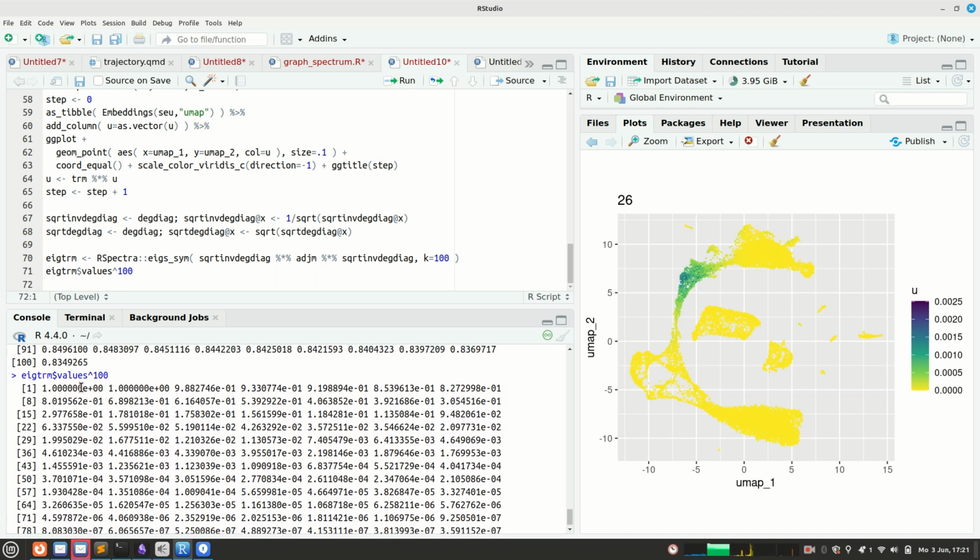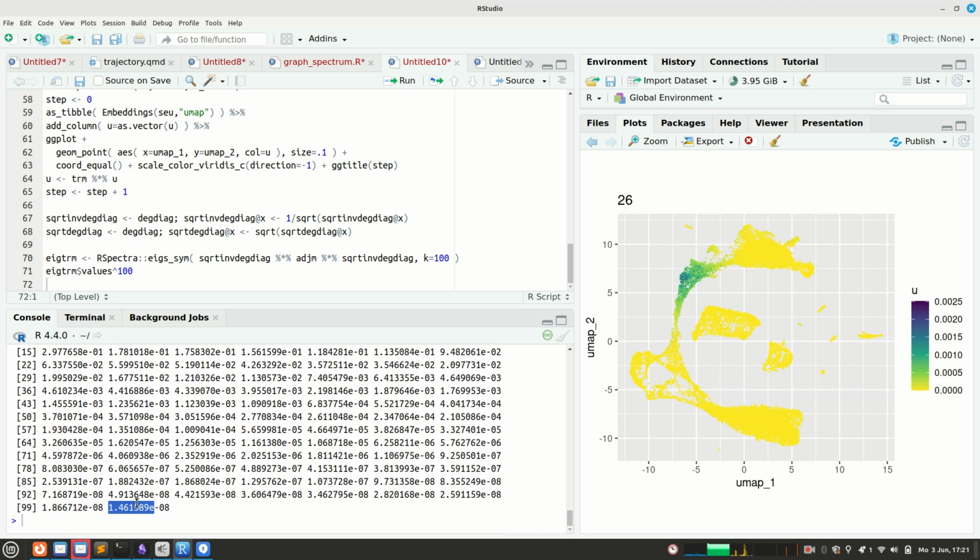Then you can see that the first eigenvalue is 1, and the 100th is already 10 to the minus 8, because we took it to the 100th power. And obviously, this lambda to the n in the middle will suppress all the other eigenvectors, because it multiplies them with a really small value. So we shouldn't make too much of a mistake by keeping only the top 100 eigenvalues and correspondingly only the top 100 eigenvectors.